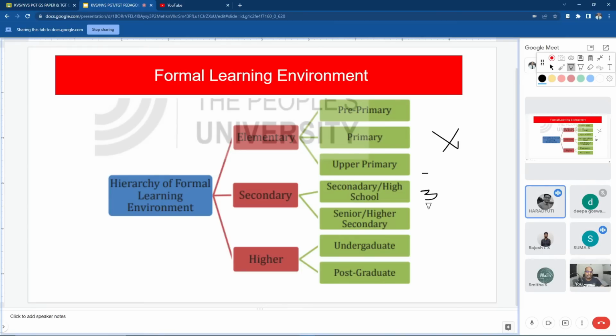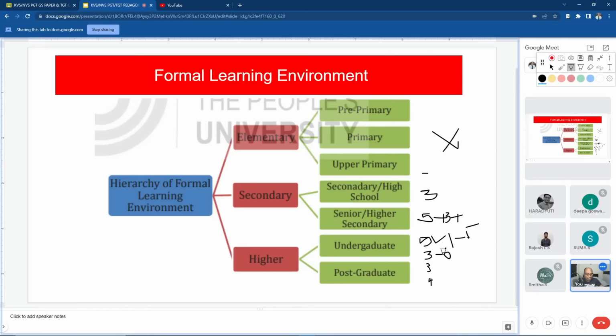Then 3, then 3, then 4. Yes, 5 primary, class 1 to class 5.